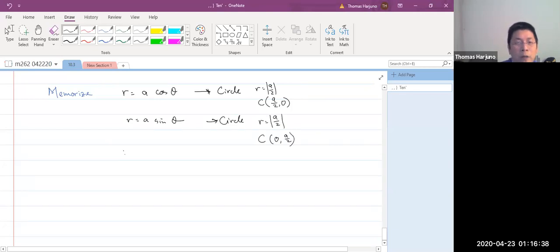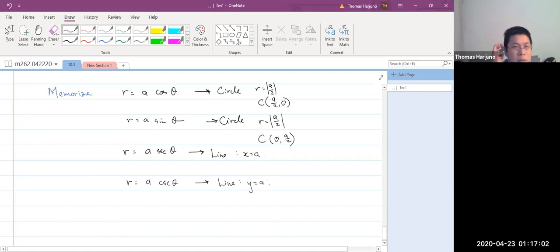Now, if I have r equals A secant theta, this will be the line x equals A. And r equals A cosecant theta will be the line y equals A. Okay, memorize this.